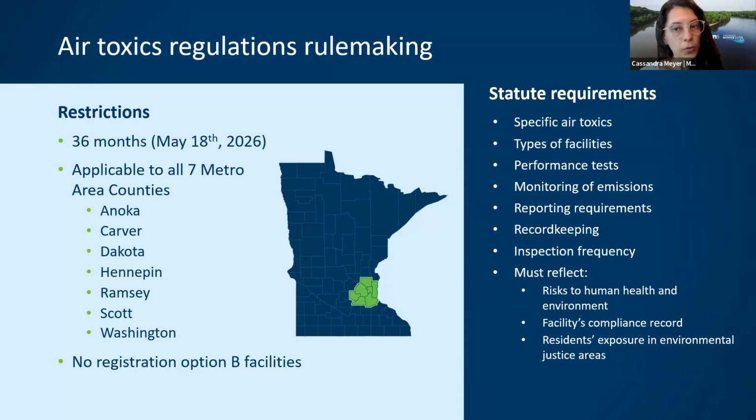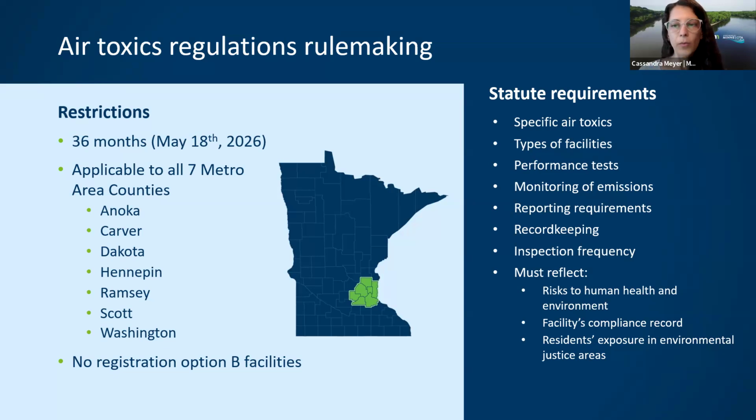The rules will only be applicable in the 7 counties of the metro area. Also note that they are not limited to only environmental justice areas. They will apply to everywhere within the 7 counties listed here. The rules will not apply to facilities with registration option B permits.